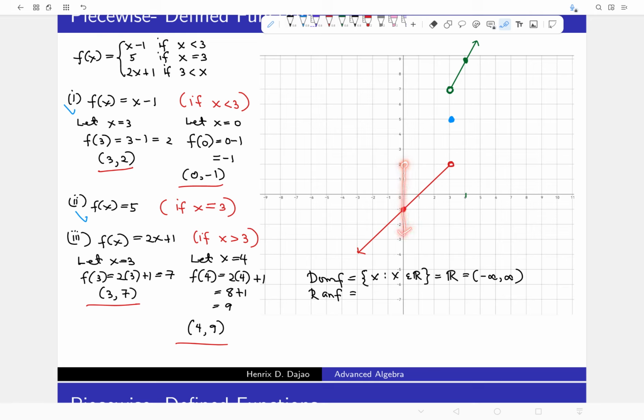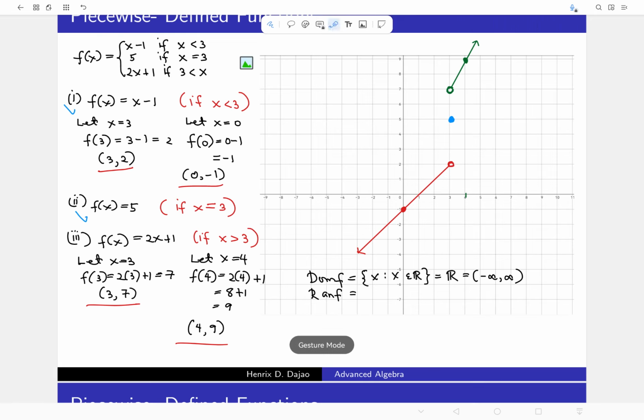So we have 3 sets of numbers that we are going to combine.